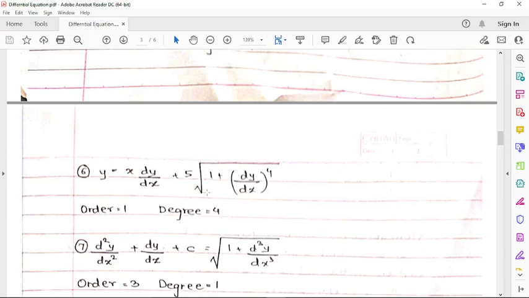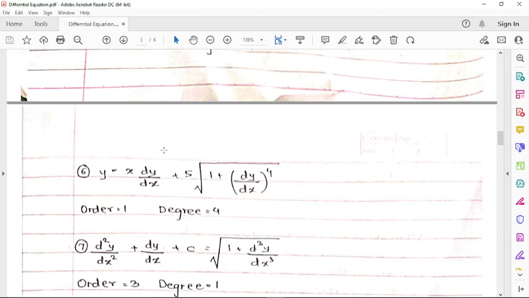This term has to be kept on one side, so that it becomes y minus x dy by dx is equal to minus square root of 1 plus, inside the bracket, dy by dx raised to 4. Then we have to square this term.